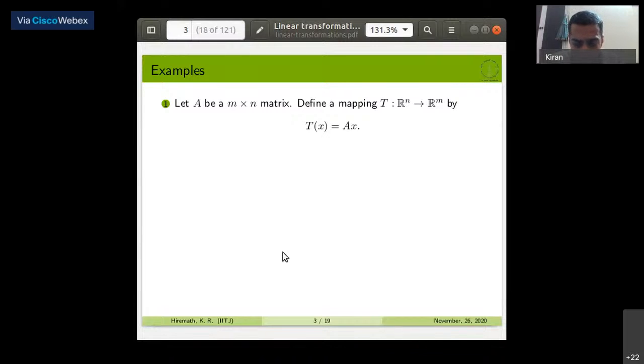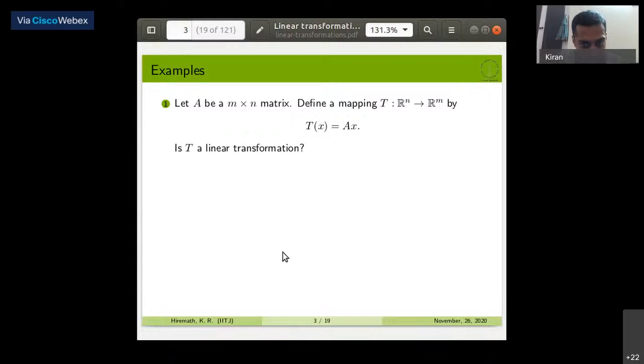I'm seeing many of the answers coming, which is a very good sign that you are seeing what kind of underlying connections there are. Very good. So let us define the mapping T acting on x as Ax. The question we need to ask is, is T a linear transformation? The answer is very obvious. Yes, T is a linear transformation.